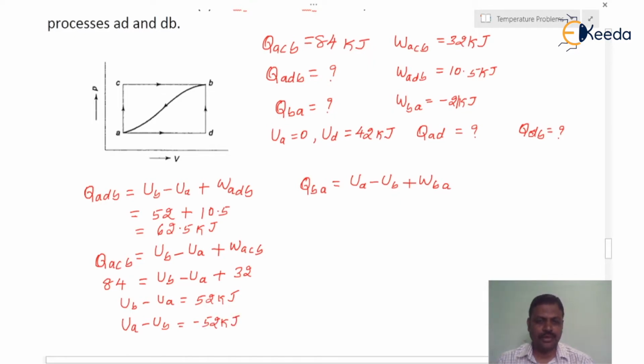So then QBA is minus 52 plus WBA, which is minus 21 kilojoules. So this QBA will be minus 73 kilojoules. Here it is a negative symbol, so heat is liberated in this process.